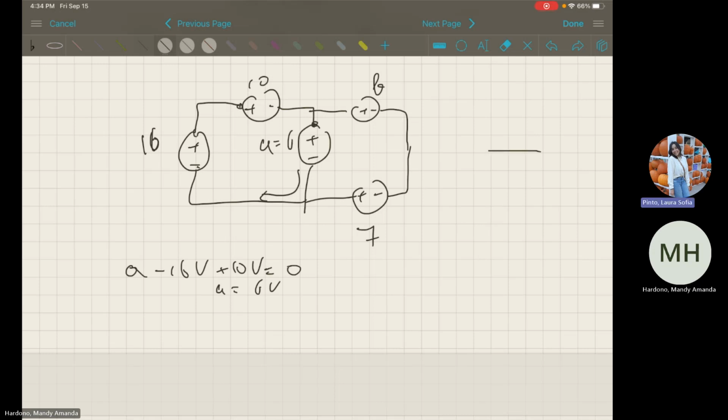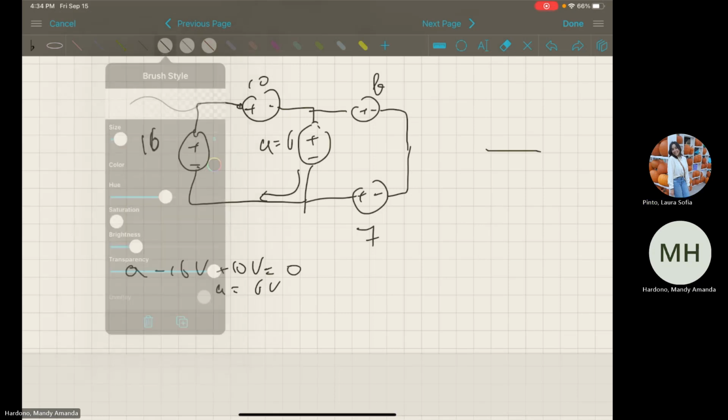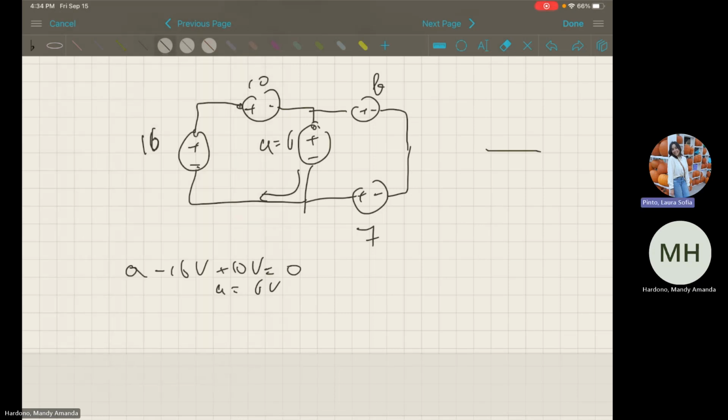So using A, you can then easily find B, which would then be, starting again from A, you would have 6 plus 7 minus B is equal to 0. So we're starting from A, right? Yes, and we're going downwards.